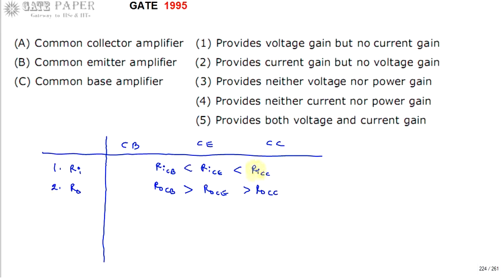So because of these characteristics, input impedance is very high and output impedance is very low. Common collector acts as an impedance matching device. That is, it is acting as a good voltage buffer.